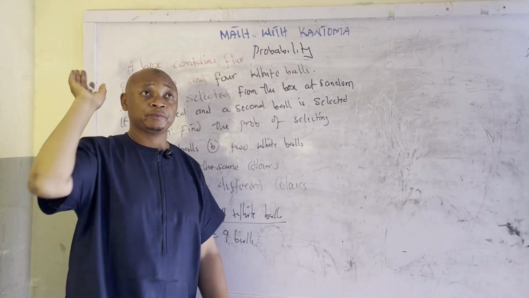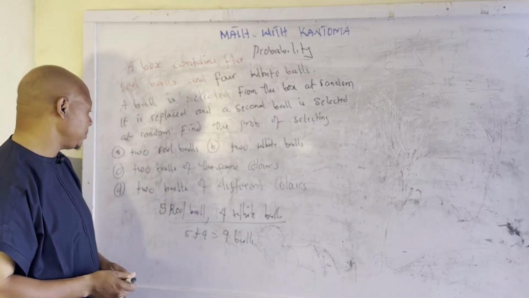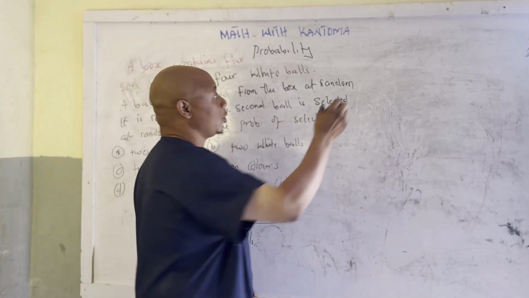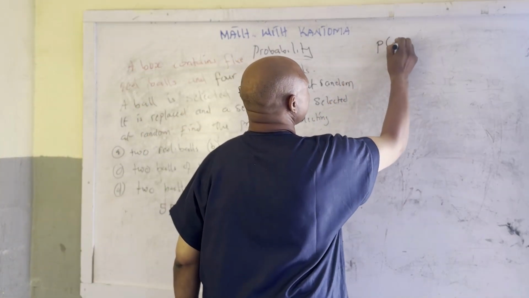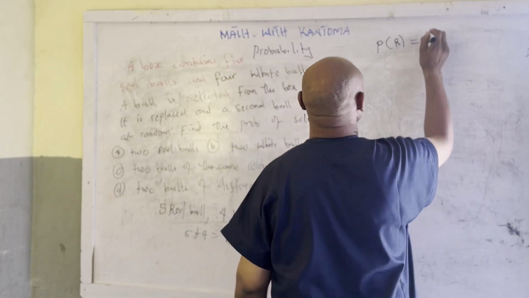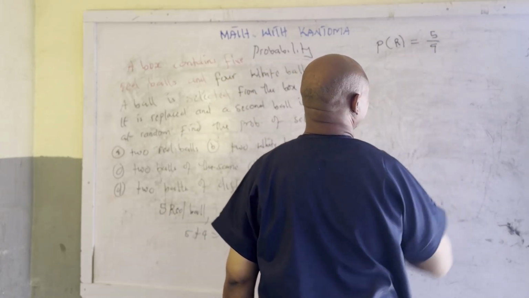So now, the probability of choosing 1 red ball is 5 over the total, 5 over 9, right?